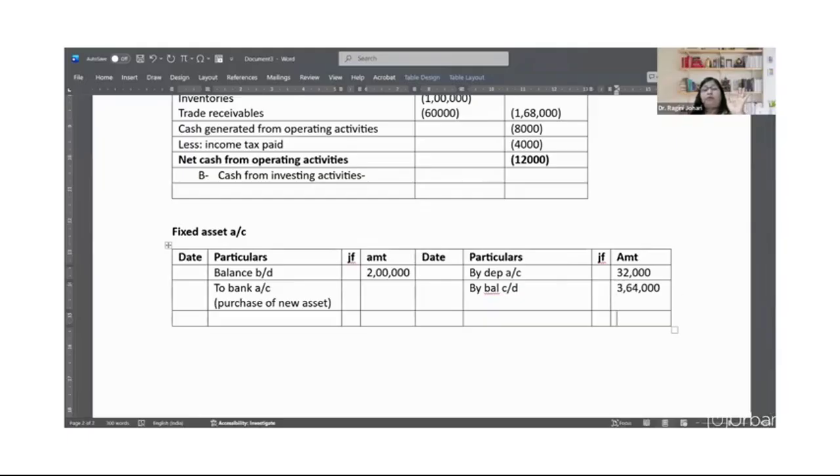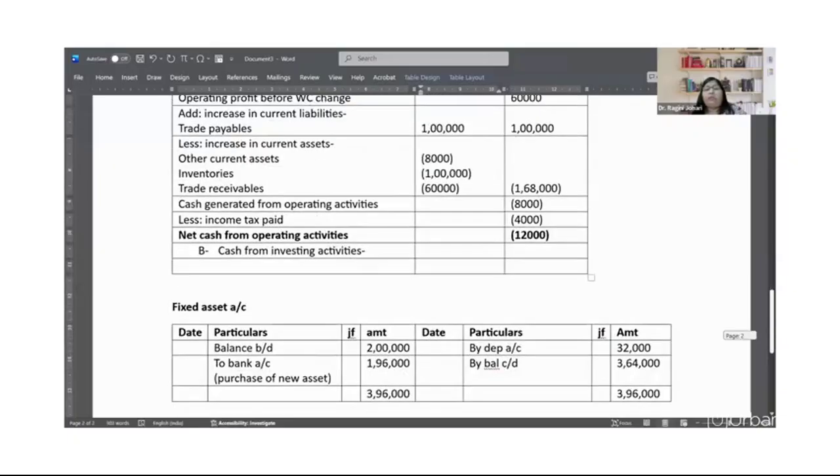That makes it a total of 3,96,000. The balancing figure is 1,96,000. Now this is the actual price of purchase. All right, which will be posted here.